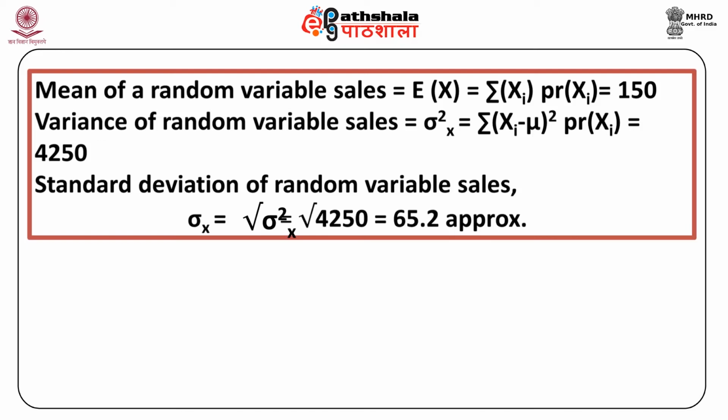The standard deviation of the random variable sales in this case is therefore sigma x, the square root of sigma square x, which is the square root of 4250, approximately 65.2.